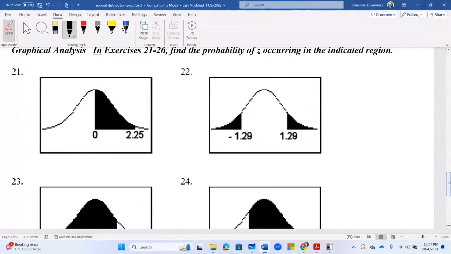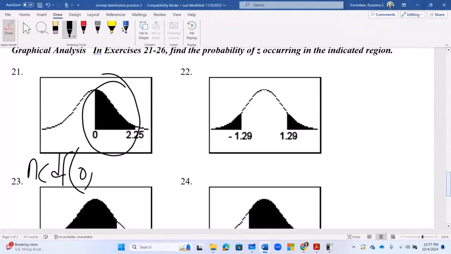Okay. This one says find the probability of Z occurring in the indicated area. The first one is the area between. So you have to write normal CDF, area between 0 and 2.25. And because it's a standard normal curve, you get the answer.